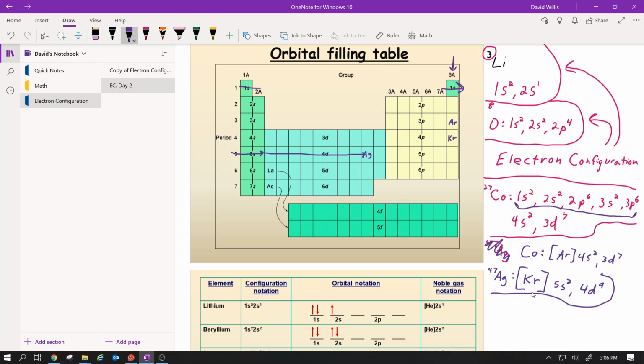You can still shortcut from argon. Yeah, if you wanted to do krypton, you could shortcut from argon. You can't do that other way.